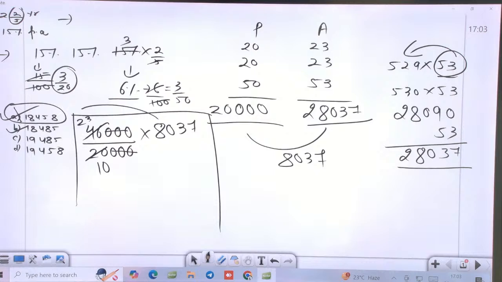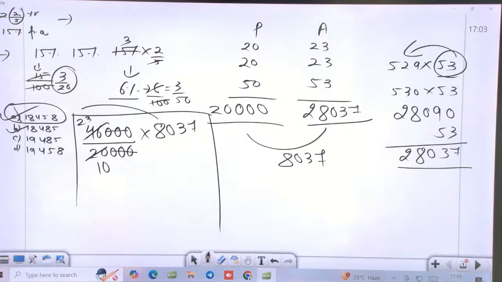Write the question. The difference between the CI and SI on a sum of money, lent at the rate of 10% per annum, for 2 years is 80 rupee.